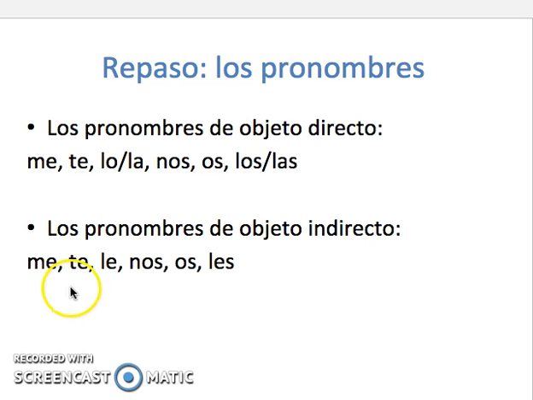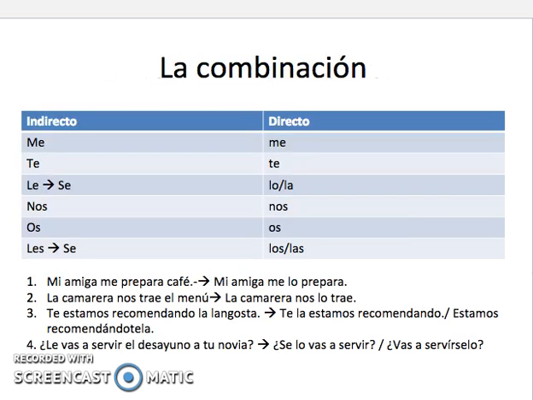So we have me, te, le, nos, os, les. ¿Está bien? Seguimos. Entonces, cuando tenemos la combinación de los pronombres indirectos con los pronombres directos, el primer pronombre siempre va a ser el indirecto. So, indirect always goes first, okay? And then it's followed by the direct.